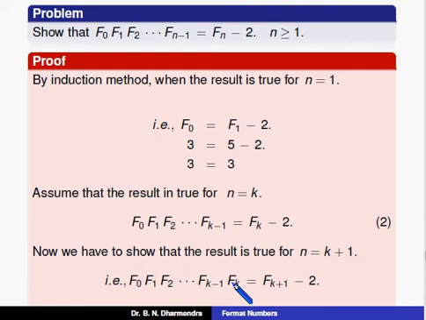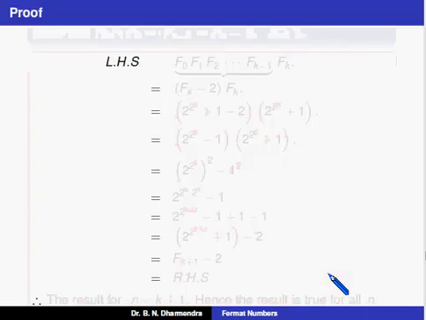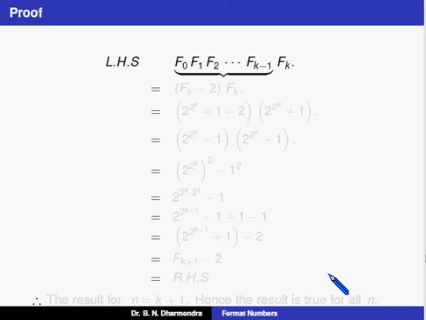Let us consider first, and also we can observe that in equation 2, f0 to fk minus 1 can be written as fk minus 2. So we have to use this one for the proof. Let us consider that the LHS is f0 into f1 into f2 up to fk, and the term f0 to fk minus 1 is fk minus 2, into fk, by using equation 2.